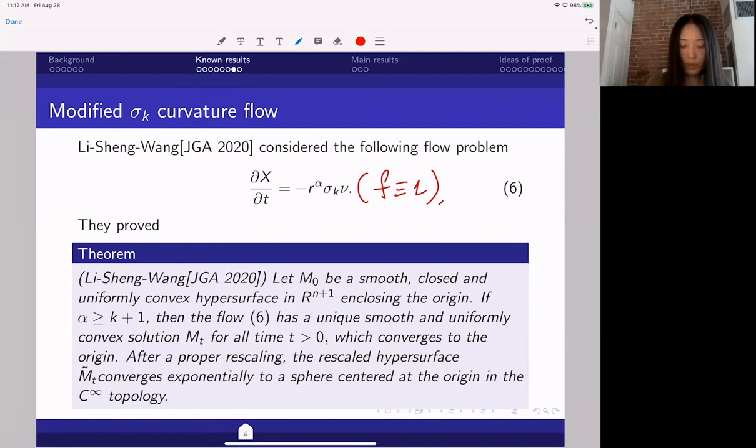What they proved is, if we start from a smooth, closed, and uniformly convex hypersurface which encloses the origin, and alpha is greater than or equal to k plus 1, the flow 6 has a unique, smooth, and uniformly convex solution M_t, which converges to the origin. After proper rescaling, the rescaled surface M tilde t converges exponentially to a sphere centered at the origin in the C infinity topology.